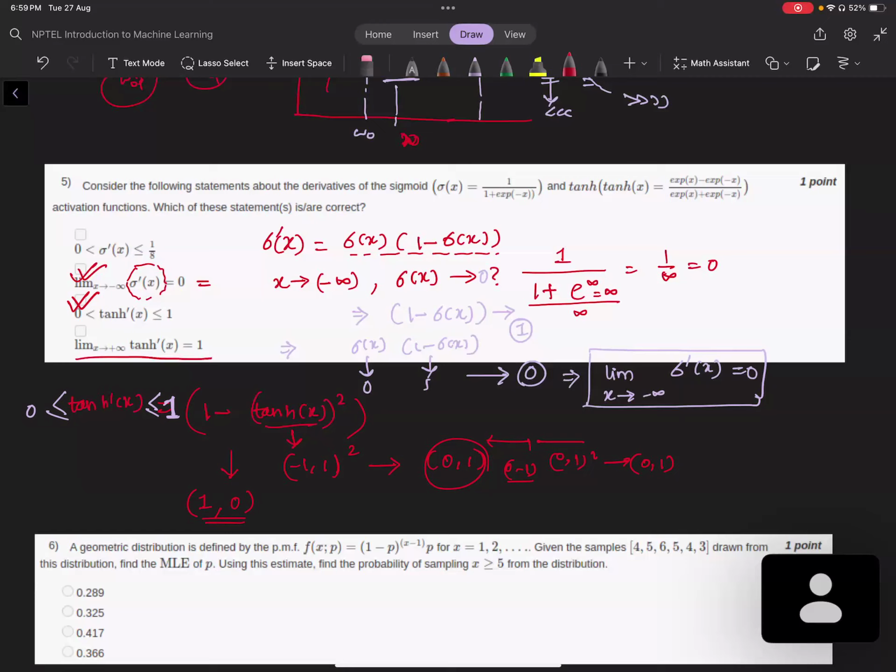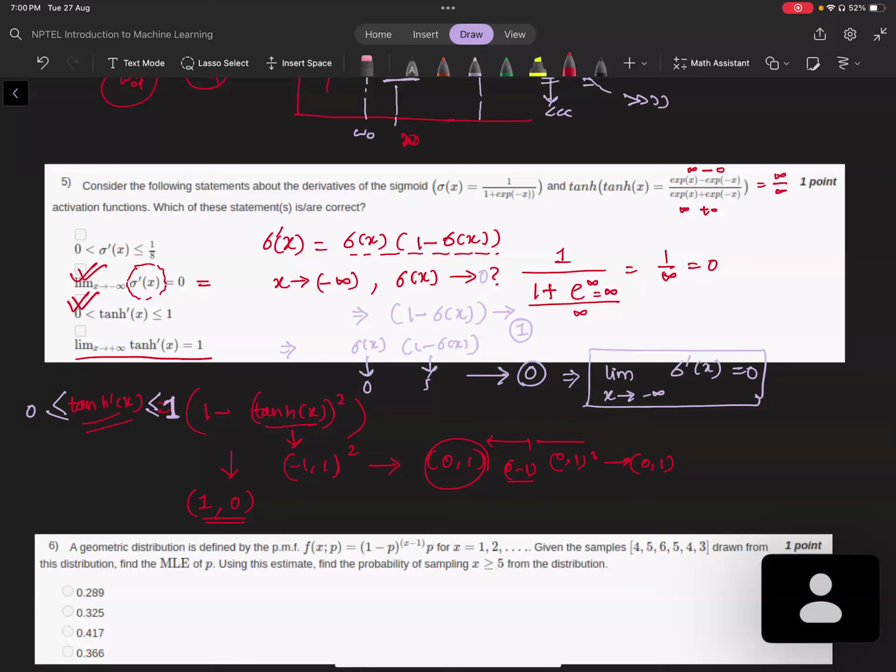You know why? If x tends to plus infinity, we put x as plus infinity here, and this will be tanh of plus infinity here. And if we put plus infinity here, it will be infinity minus 0, infinity plus 0.